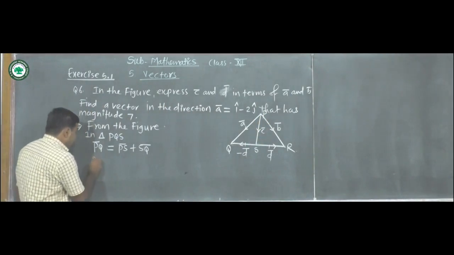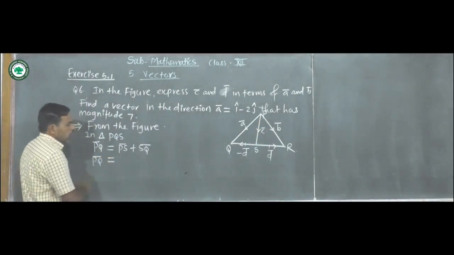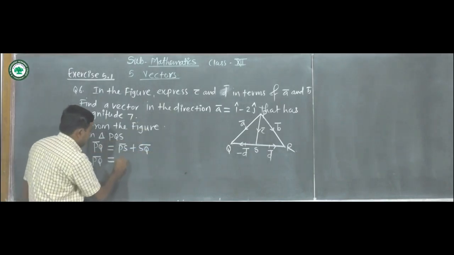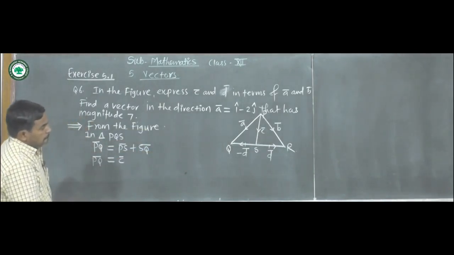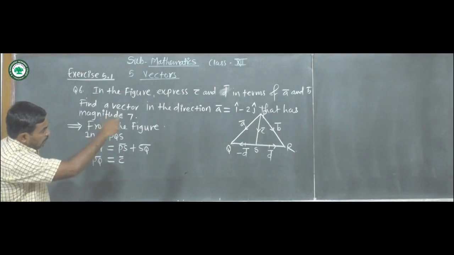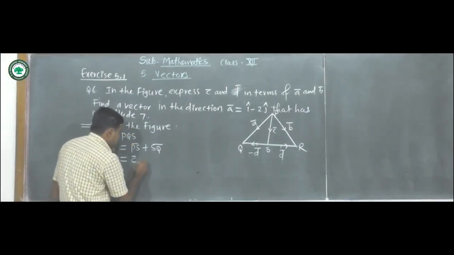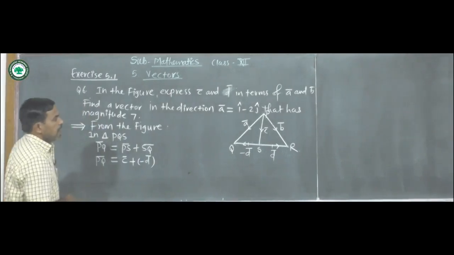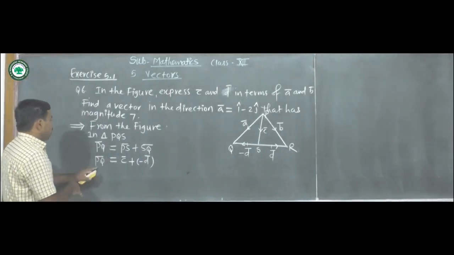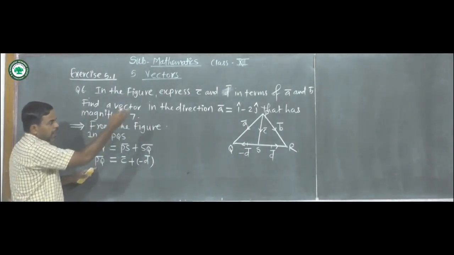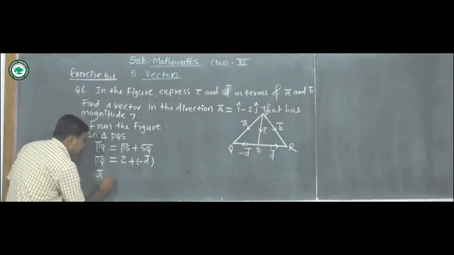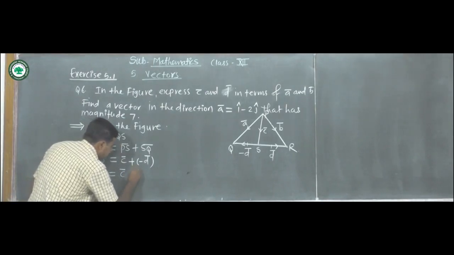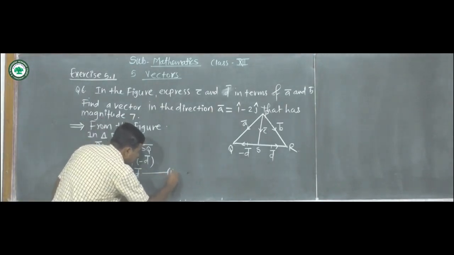From the figure, what is PS bar? C bar. SQ bar is minus D bar. And that is PQ bar. But what is PQ bar? From the figure, A bar. So A bar is equal to C bar minus D bar. Give this equation number 1.